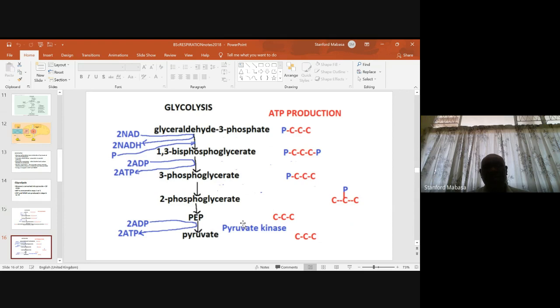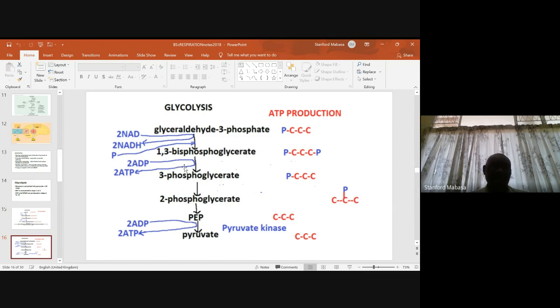Then we go to 1,3 bisphosphoglycerate, 3-phosphoglycerate, 2-phosphoglycerate, PEP, then pyruvate. And please note, at the first stage, we are making 2 molecules of NADH.